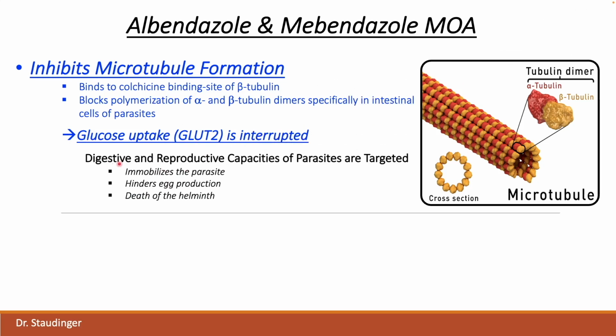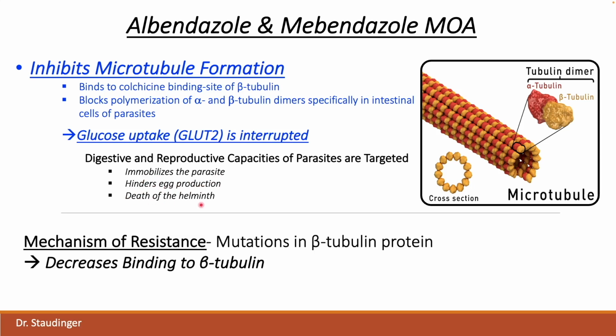This has a huge effect on the digestive and reproductive capacities of parasites. These drugs immobilize the parasites, hinder their egg production, and ultimately produce death of the helminth. Resistance is observed, and the mechanism is mutations in the beta-tubulin protein that decrease binding to beta-tubulin.